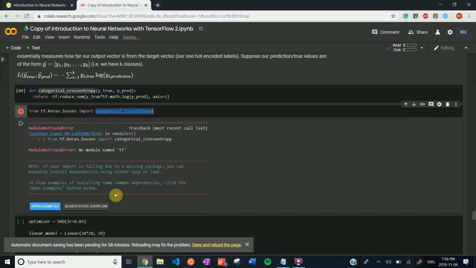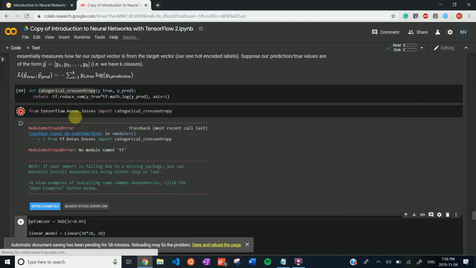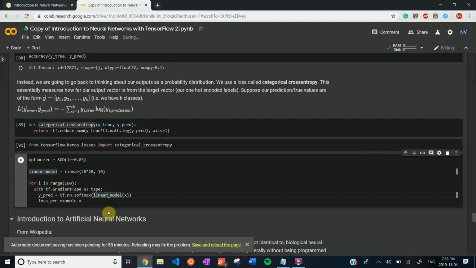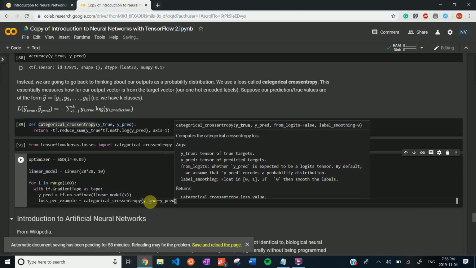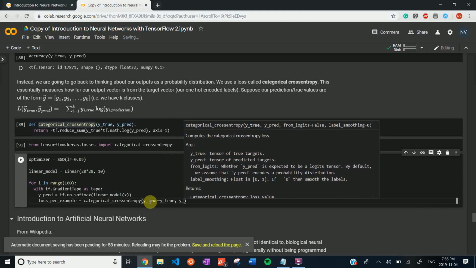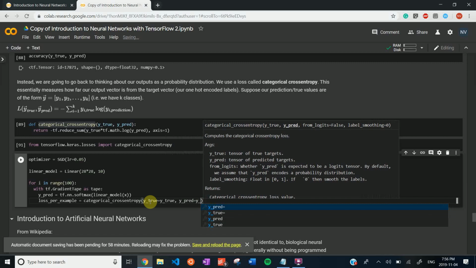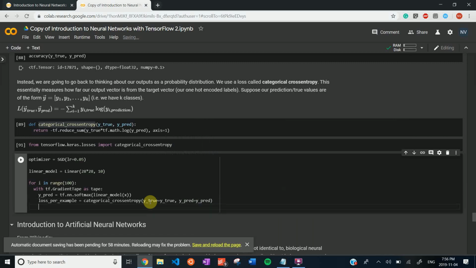Now we're going to do categorical cross entropy with y true equal to y true, and the predictions equal to the predictions. And now we're going to get the overall loss, which is just going to be the mean of the loss for everything else.